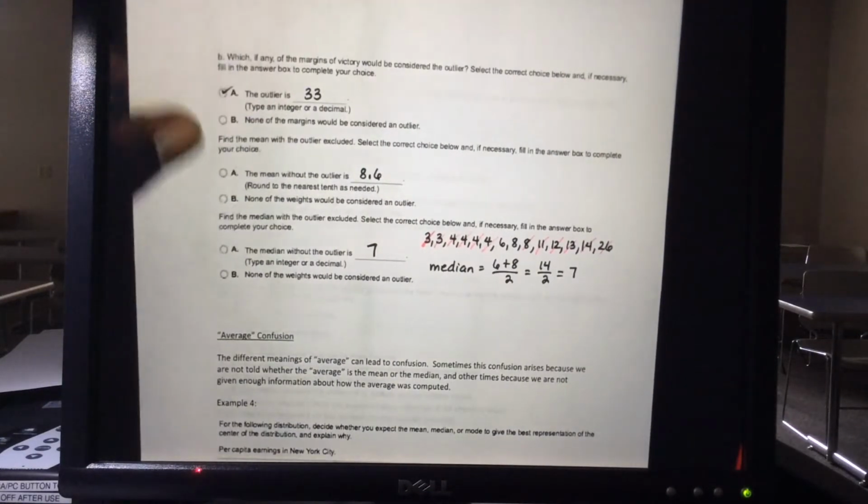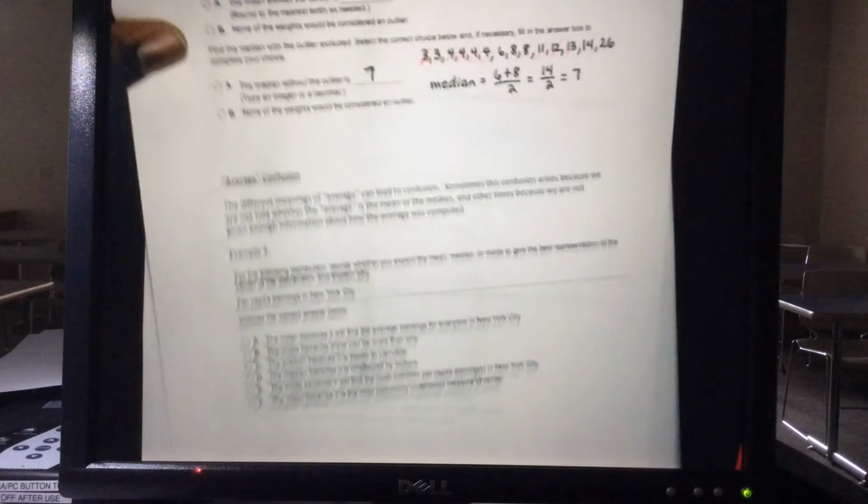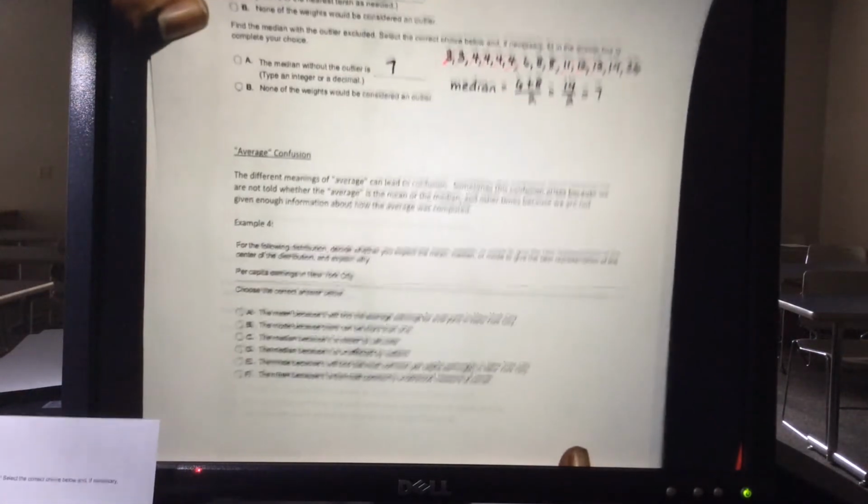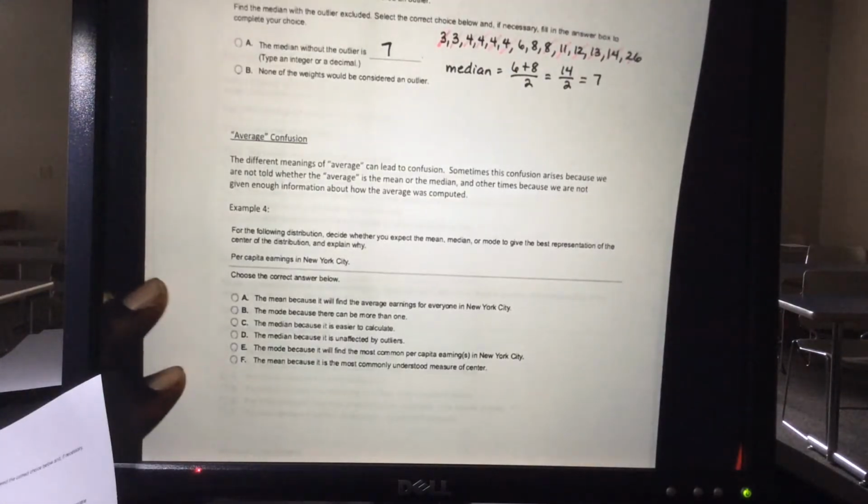Now let's talk about the average, the word average, and how that can be confusing. The different meanings of average can lead to confusion. Sometimes this confusion arises because we're not told whether the average is the mean or the median, and other times because we're not given enough information about how the average was computed.